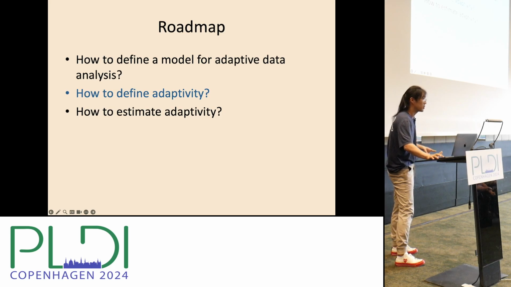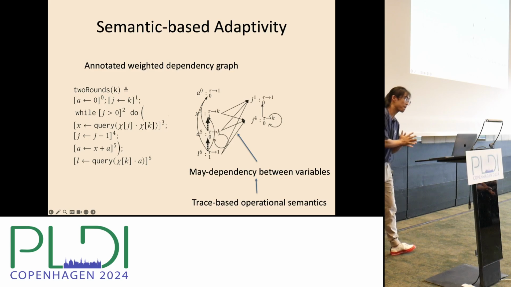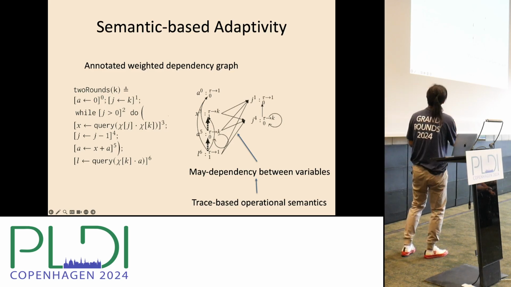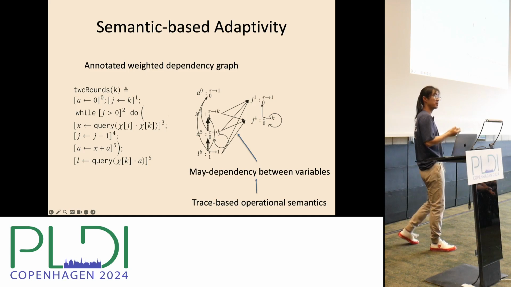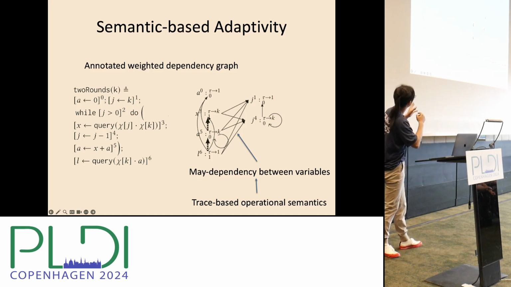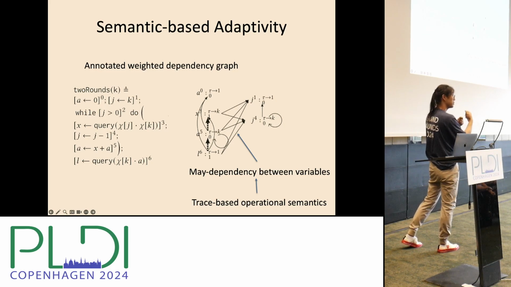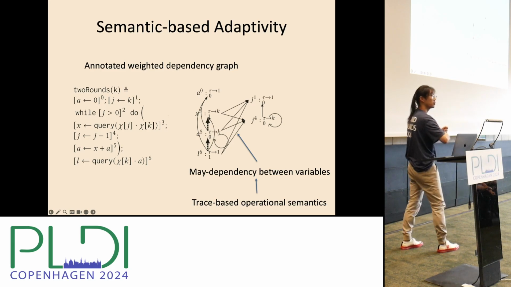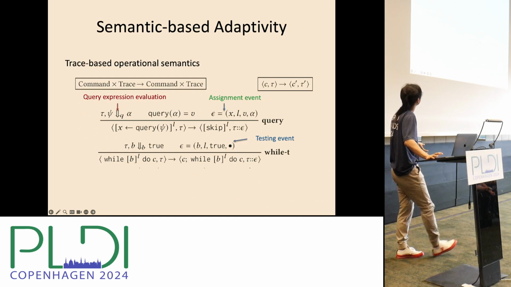We need to define what adaptivity is. Our semantic-based adaptivity is based on an annotated weighted dependency graph. In this graph, every node is a labeled variable. And every edge represents a main dependency between these variables, which is tracked by the trace-based operational semantics.